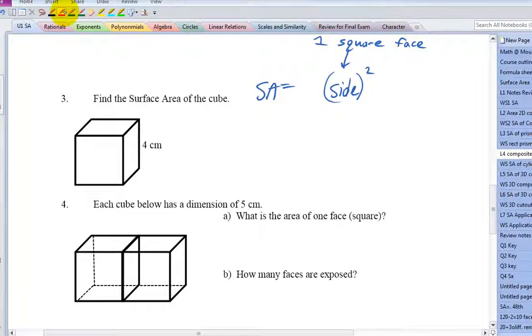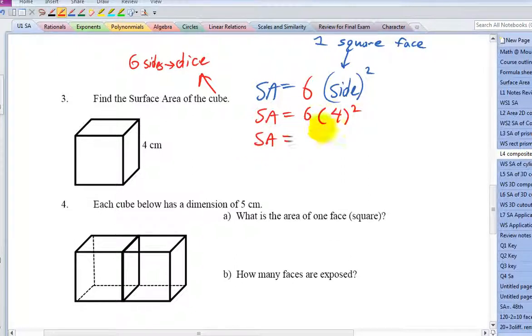And how many sides are there on a cube that are identical? 6. Often with a cube, think of a dice. A dice has 6 sides. Okay. Good. So we have 6 times the area of 1 face. So for us, we go 6 times 4 squared.